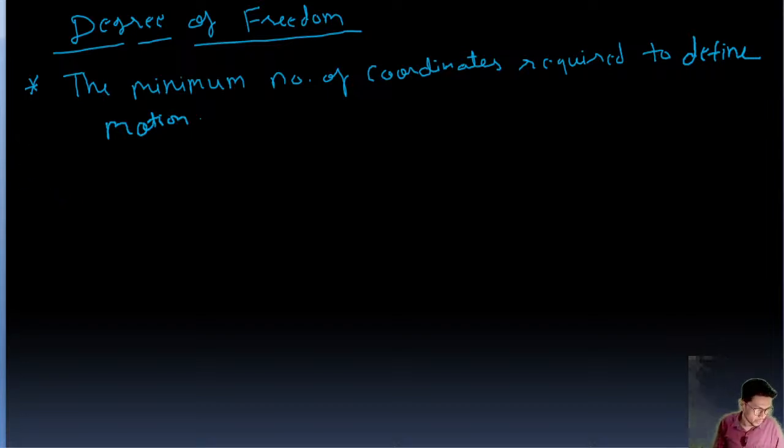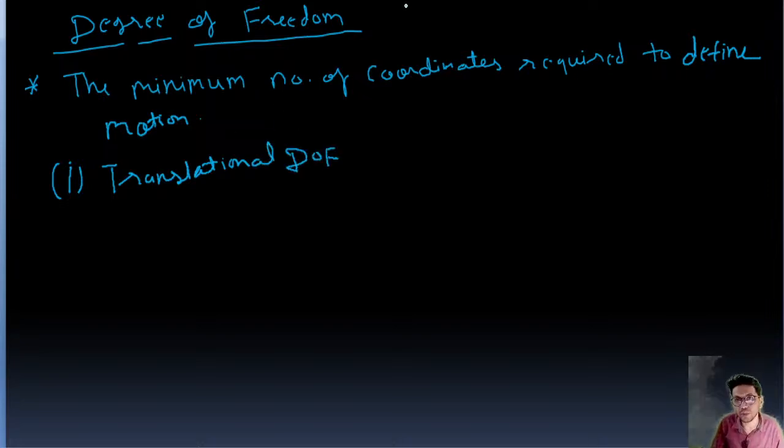There are three types of degree of freedom. First is translational degree of freedom. In short, I am writing DOF, degree of freedom.